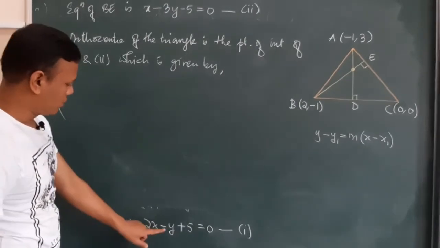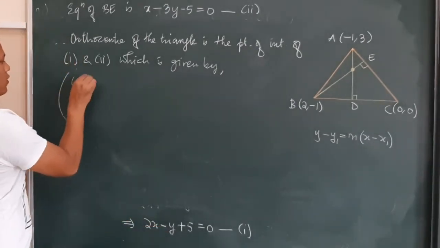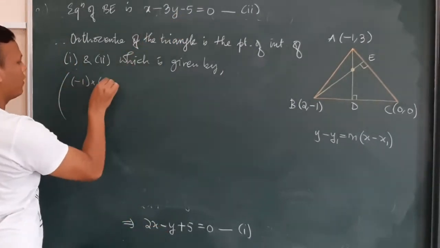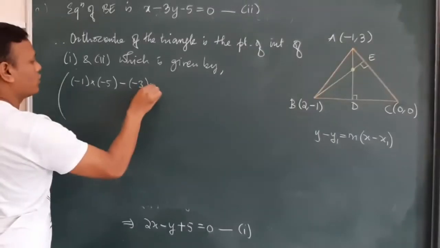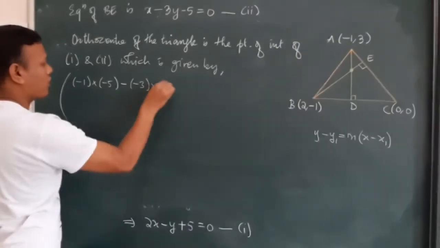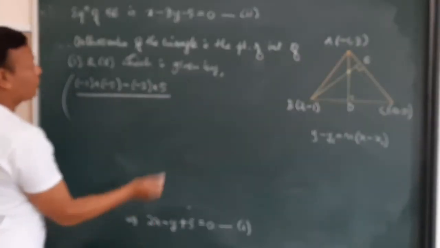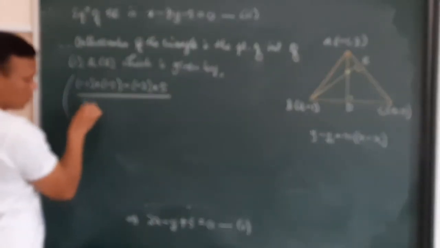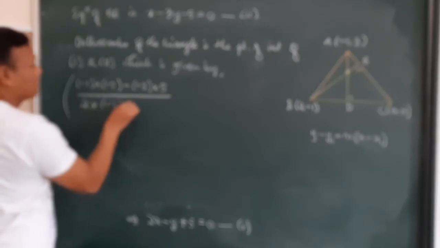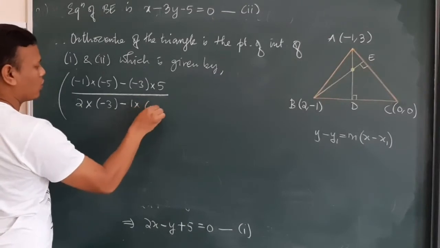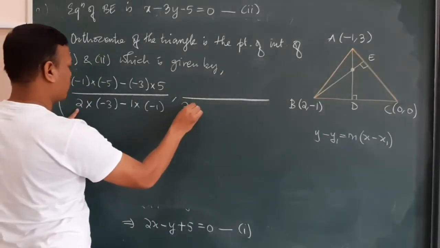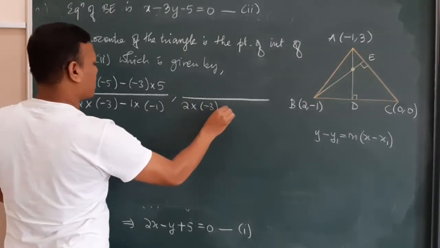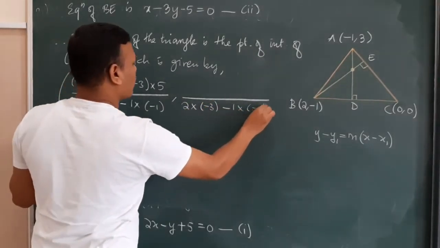So B1 is minus 1, C2 is minus 5, minus B2, B2 is minus 3 into C1, C1 is 5, whole divided by A1 B2, that is 2 into minus 3, minus A2 B1, B1 is minus 1. Okay, so as the denominator is going to be the same, let me write down the denominator first. So we have 2 into minus 3 minus 1 into minus 1.